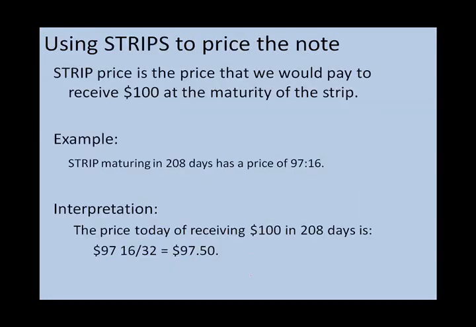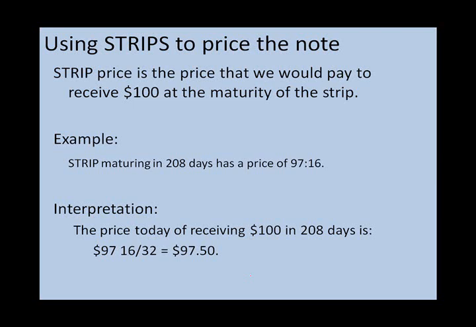We know that the strip price is the price that we're going to pay to receive $100 at the maturity of the strip. For example, we have a strip maturing in 208 days and it has a price of 97:16.